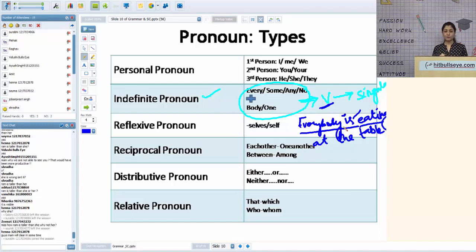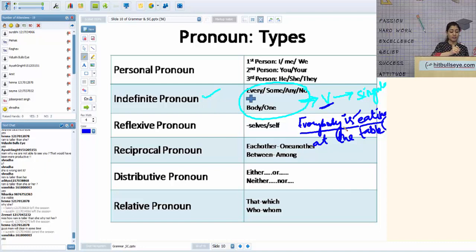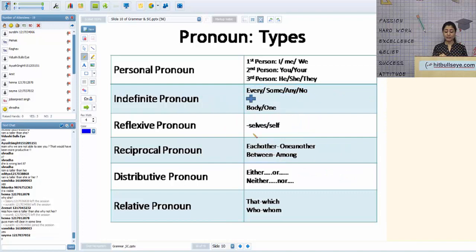Moving on to reflexive pronoun. What are reflexive pronouns? Reflexive pronouns are the ones that always end with self or selves. Why are they called reflexive? Because the reflexive pronoun in these statements always calls back the subject. Let us take a small example of this. He did his homework himself.